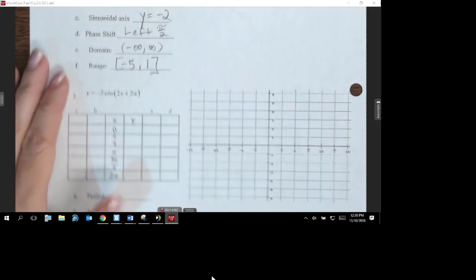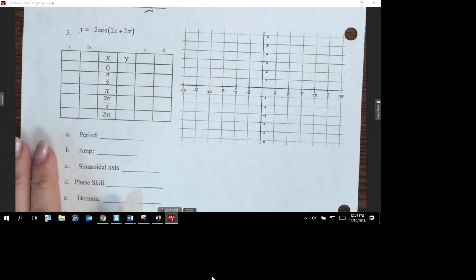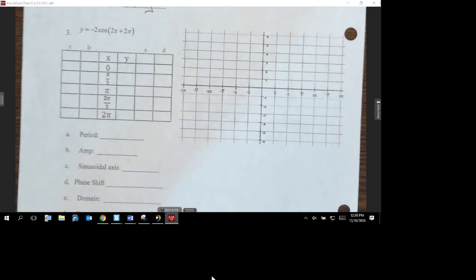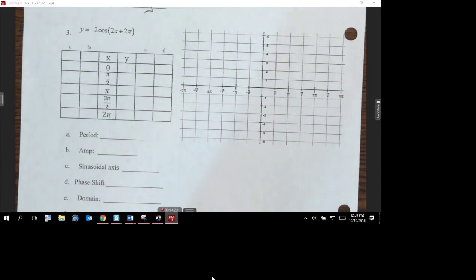All right, last one. I want you to start trying it on your own. And I would make sure that your table matches my table before you graph the whole thing and realize you did it wrong and have to start over. So I'll put my table up. You check your table with my table before you graph the whole thing. Okay? Don't just sit here and copy my table.